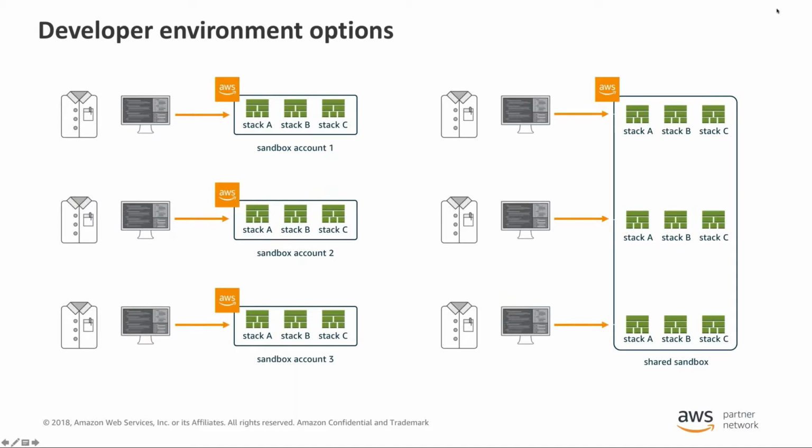As long as you're designing your SAM templates well and not hard coding physical resource names and things like that, there's no reason that you can't deploy the same SAM template multiple times inside of the same account and have multiple different stacks representing different versions of that same application. So you can certainly have developers and other non-prod environments share the same AWS account and simply use the stack construct in order to manage that. So that's certainly a viable option as well.